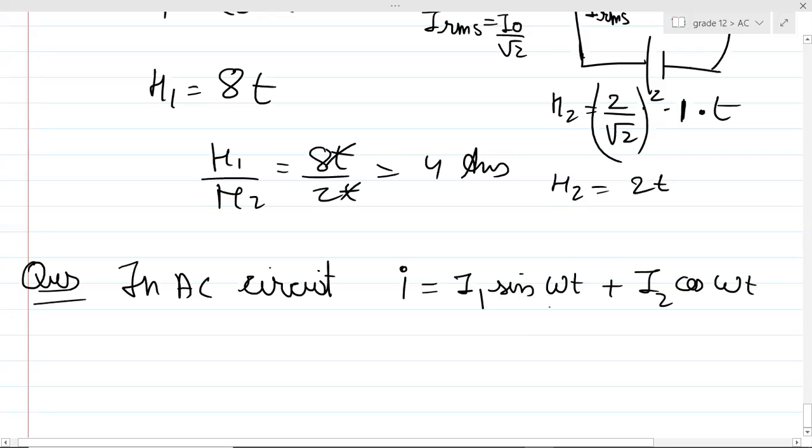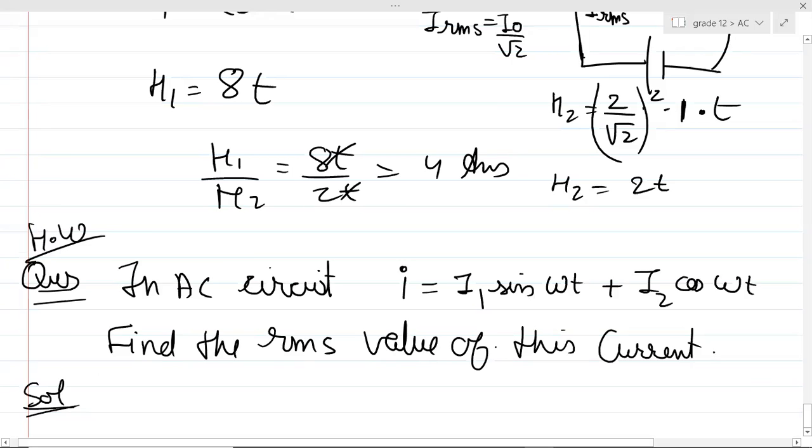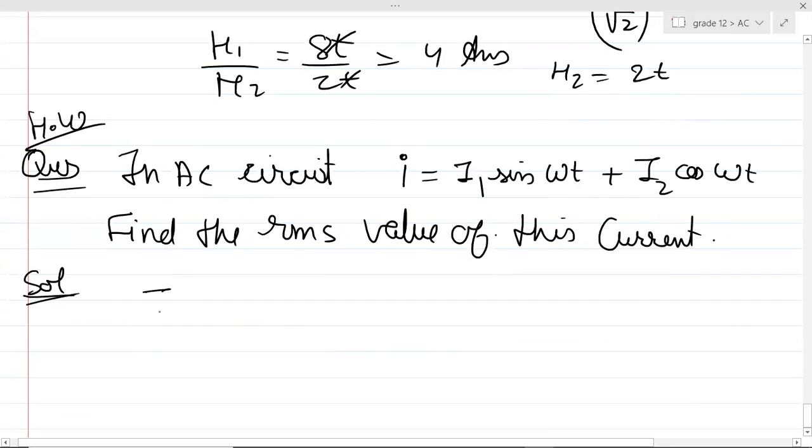Okay, so now the question is, find the RMS value of this. How will you find the RMS value? Everyone knows the formula to find the RMS value, right? This will be a homework question, by the way. Everyone knows how to find the RMS value.